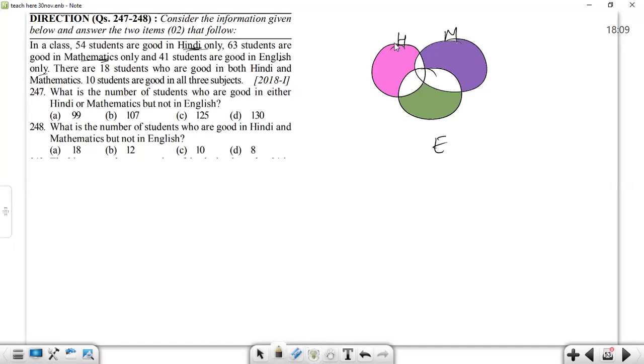So this pink shaded region is the number of students who study Hindi only. This is 54. 63 students are good in mathematics only, so this violet region. 41 students are good in English only. This is 41. Now there are 18 students who are good in both Hindi and mathematics, so for this we use a different color.